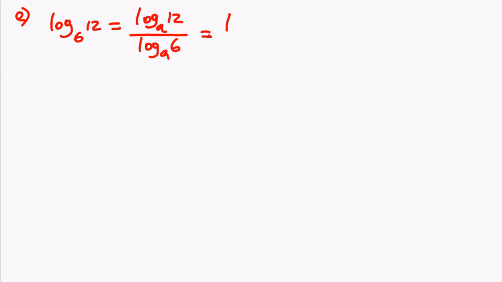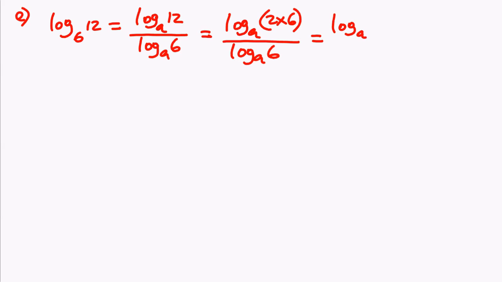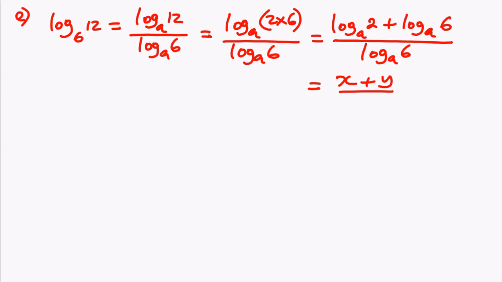Now 12 is 2 times 6, and we can expand that using laws of logarithms to say this will be log to base a of 2 plus log to base a of 6 over log to base a of 6, and that will be equal to x plus y over y.